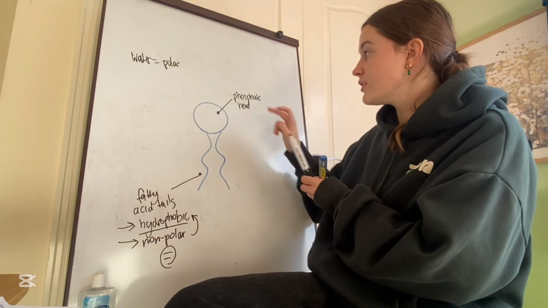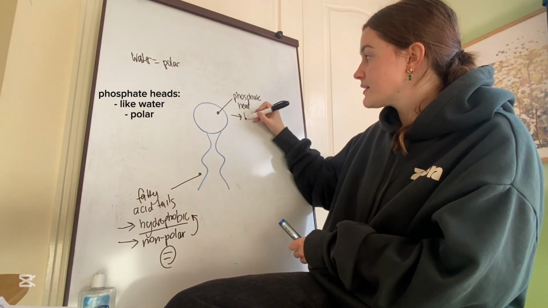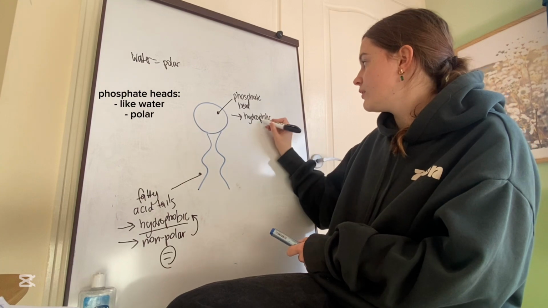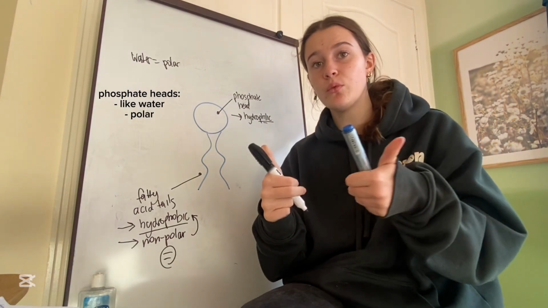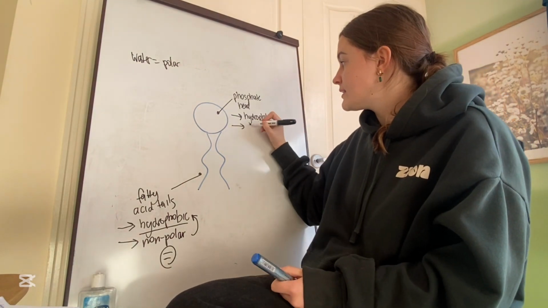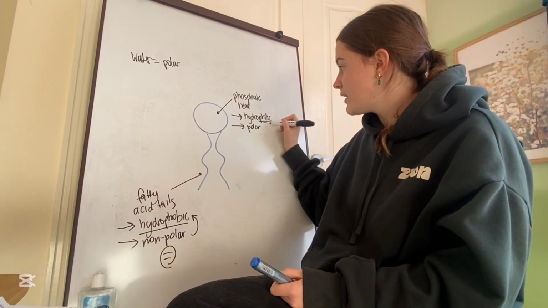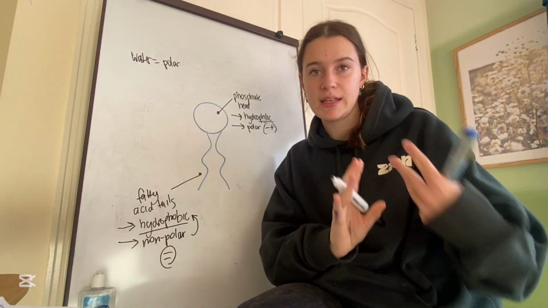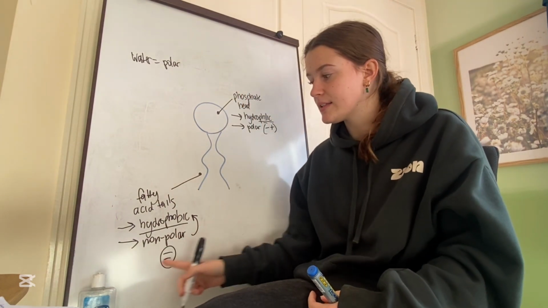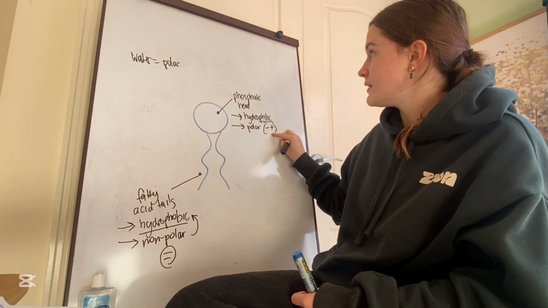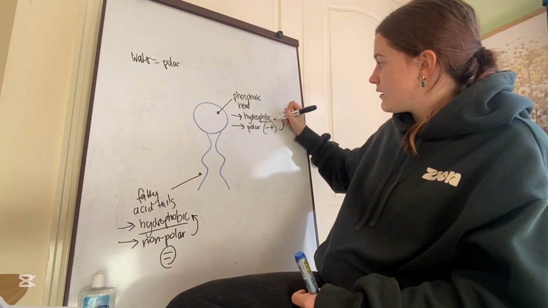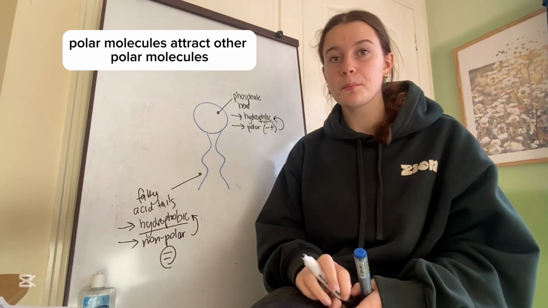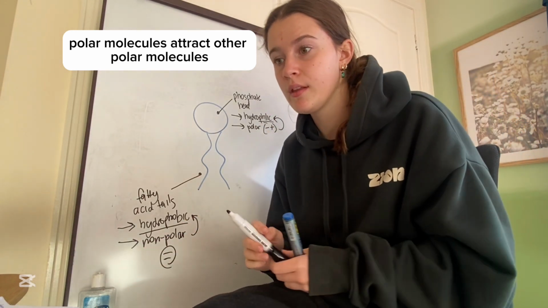On the other hand, the phosphate head is hydrophilic. Philic meaning love, right? It loves water. And it is polar, which means that the charge is uneven. It's like slightly positive or slightly negative, whereas here it's neutral. This means that because of its polarity, it likes water and it attracts water.